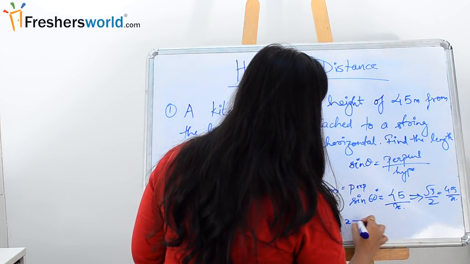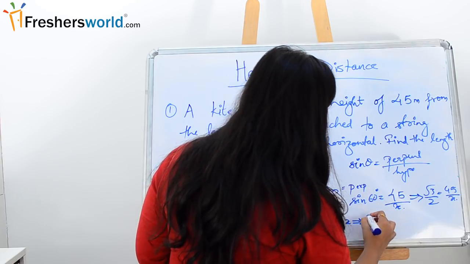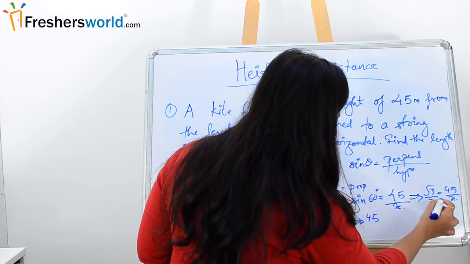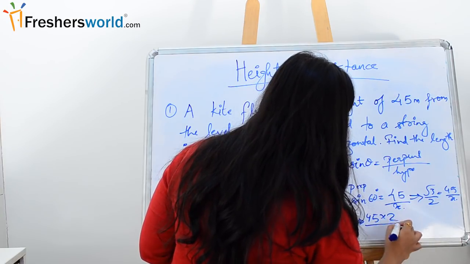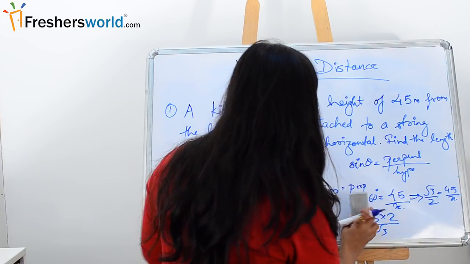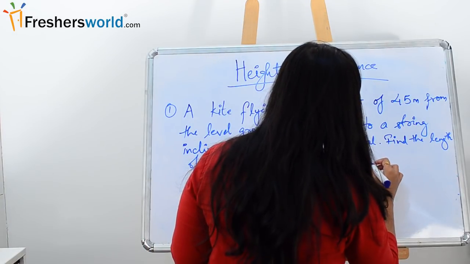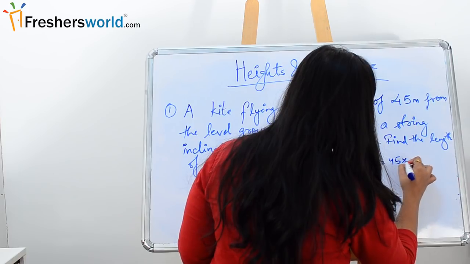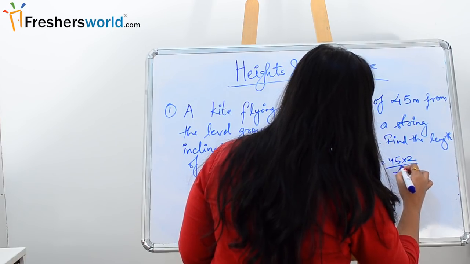So finally x would be 45 into 2 by root 3. So now we got x equals 45 into 2 by root 3.